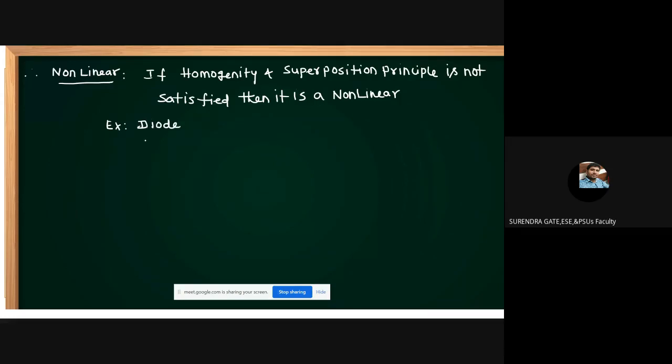Take this one diode. Let the diode be under forward bias condition. The current through the diode is, as all of you know from analog electronic subjects, I naught into e power (V by eta VT) minus 1.